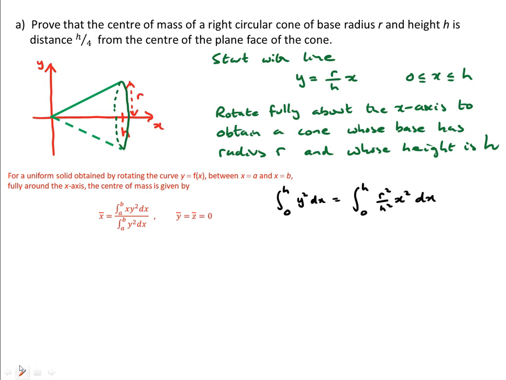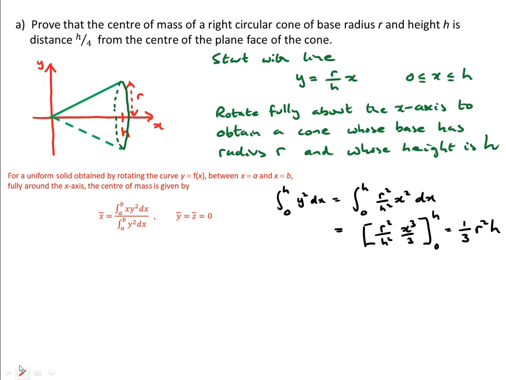So the integral of y squared between 0 and h is going to be the integral of r squared over h squared x squared between 0 and h, which gives me r squared over h squared times x cubed over 3.